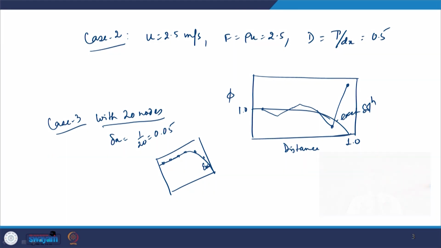So, that is the effect of the number of nodes which you are increasing, and that way you are getting a closer result.